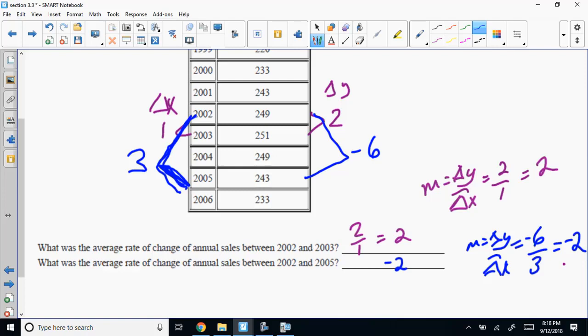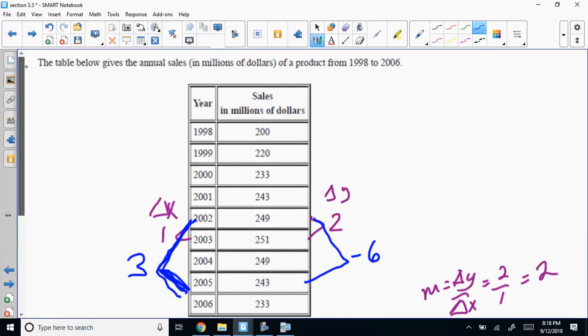Because you have a negative over a negative, which is a positive. What's confusing for me is which one's the x and y? Left side's x and right side is y. Always, for tables.